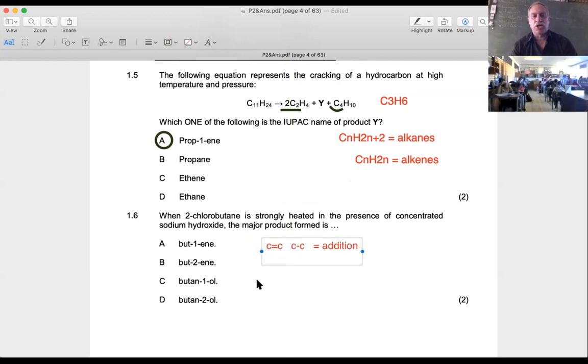Then elimination is when you go from C single bond C to form C double bond C, and that is known as elimination.